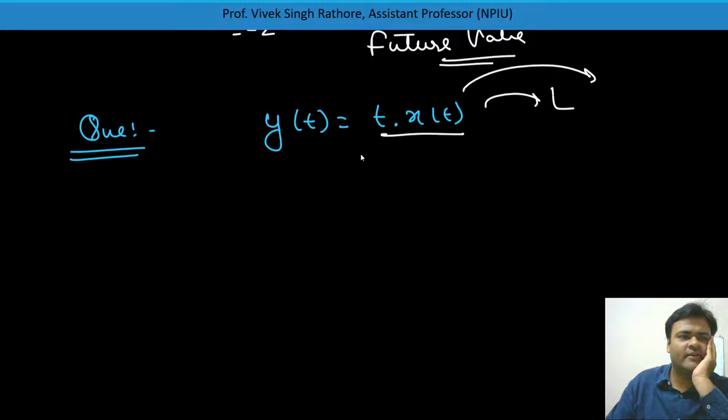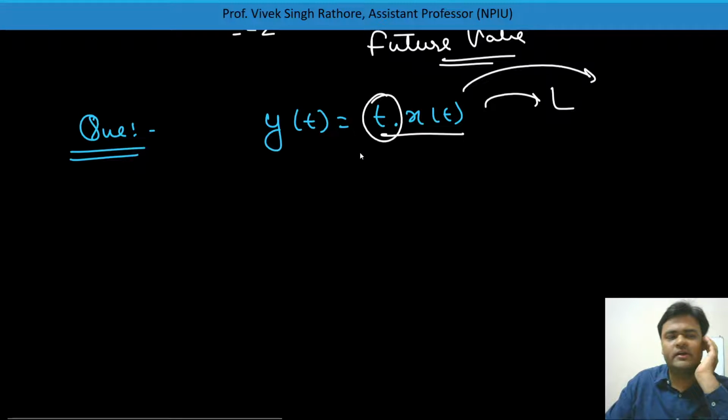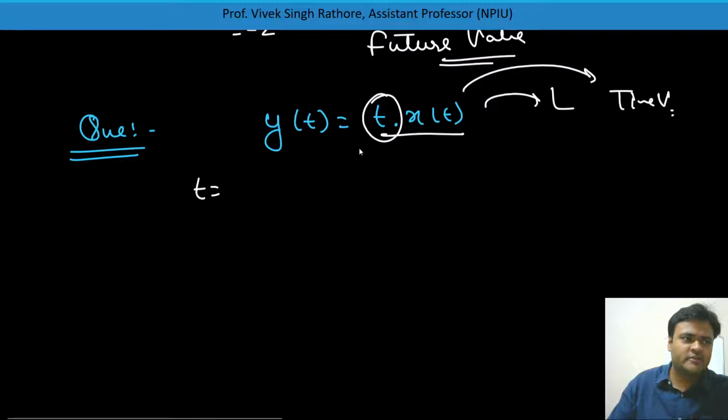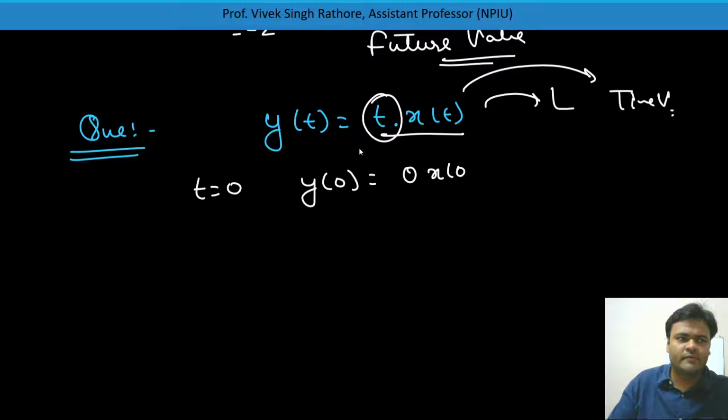Is it time variant or time invariant? There is a multiplication by time, so it should be a time variant system. Is it causal or non-causal? Let's check. At t is equal to 0, y(t) is 0 into x of 0, so it will be 0 only. So ultimately the values are not an issue.